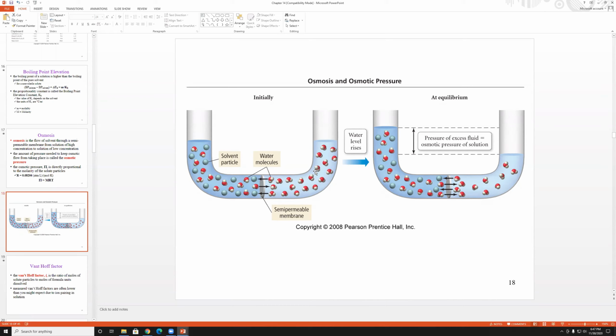So what they're going to do is go from high concentration of water. That's what I meant, not high concentration of solution. But it'll even out until they are equal concentrations, or at least as close as possible to equal concentration.